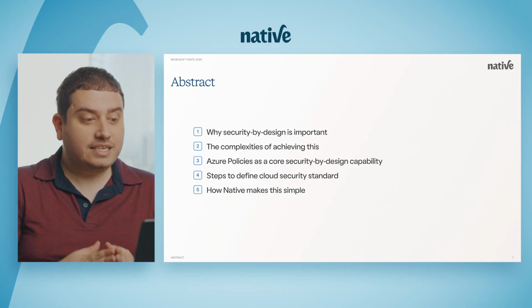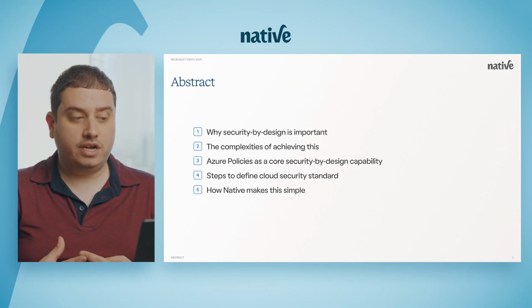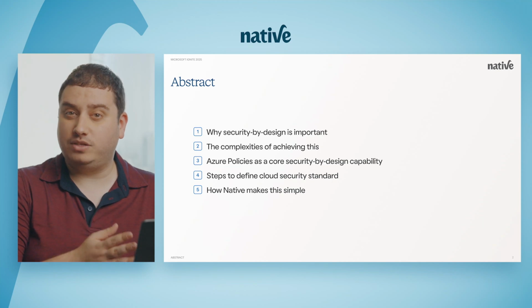We therefore started Spek with the vision of being a unified operating system for native built-in cloud security capabilities, allowing customers to use them to get to secure by design cloud environments. In today's session, we will start talking about why security by design is important, but also why it is complex to achieve.